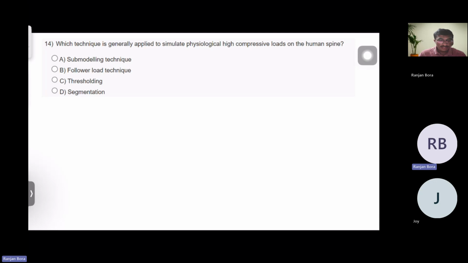And next question, which technique is generally applied to simulate physiological high compressive loads on the human spine? We use the follower load technique.